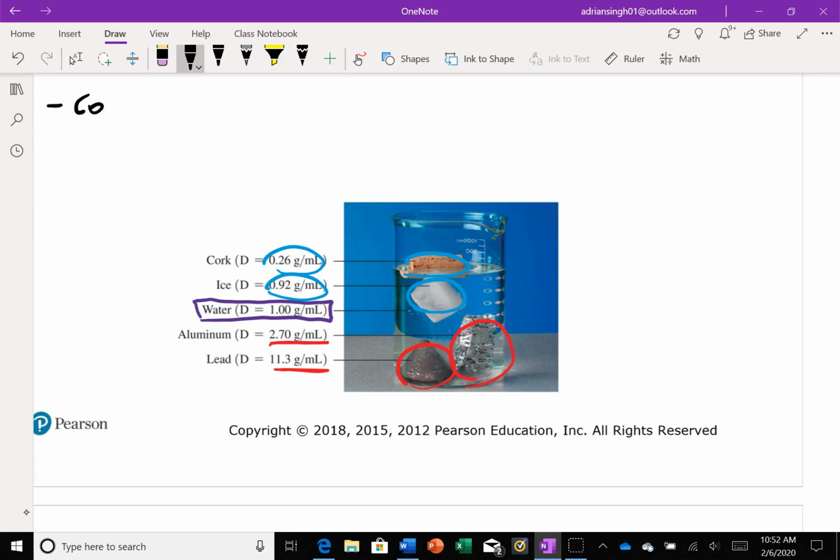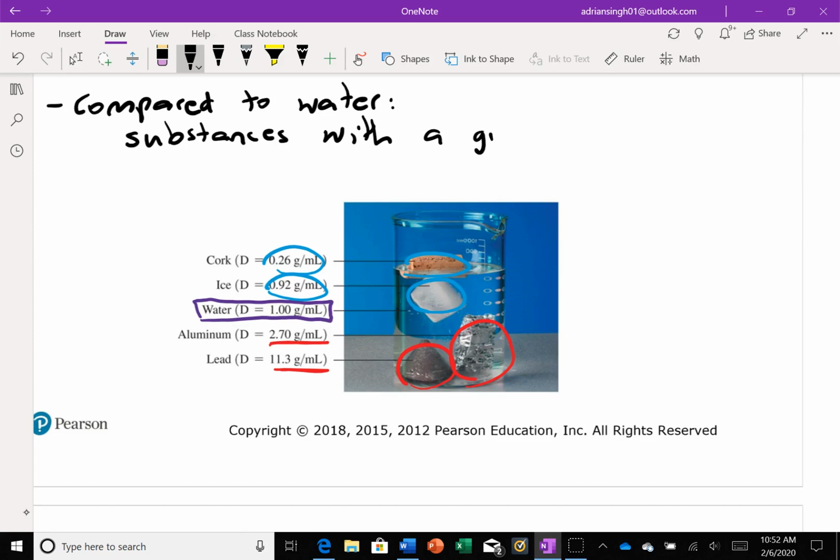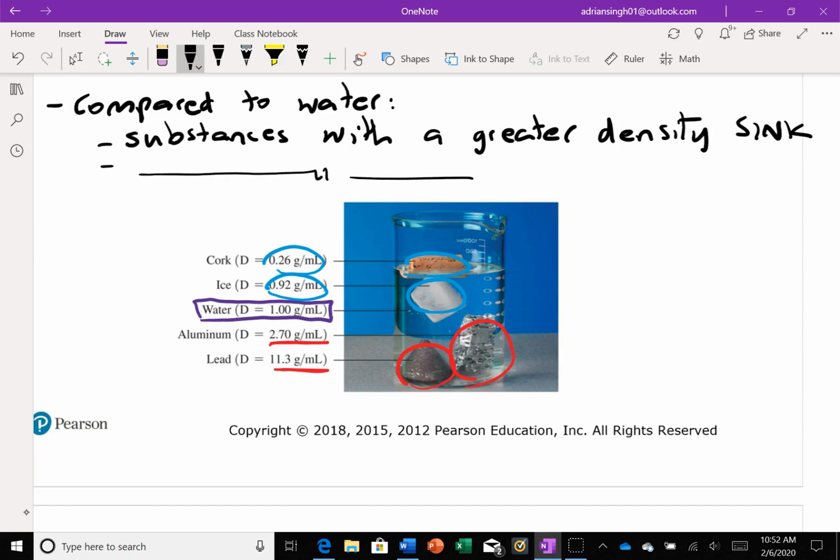So we can come up with a general statement about that. So we can say compared to water, substances with a greater density tend to sink, whereas substances with a lower density tend to float, right?